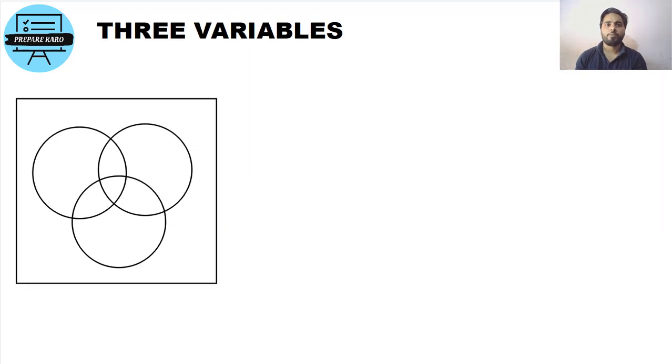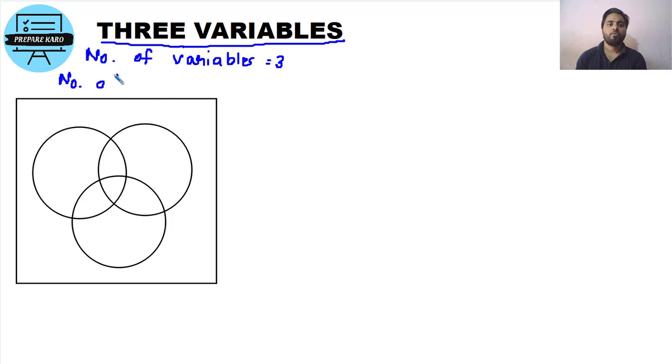Let's make the number of variables 3. How many regions will be there? This is a simple technique. The number of variables is equal to 3. Actually, the number of regions is 2 raised to the power number of variables.